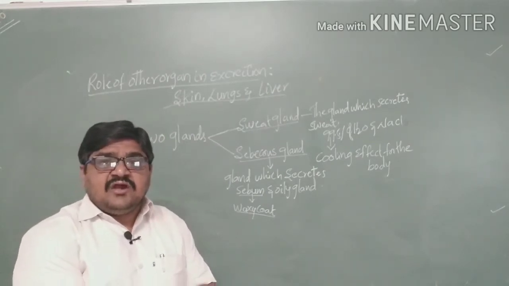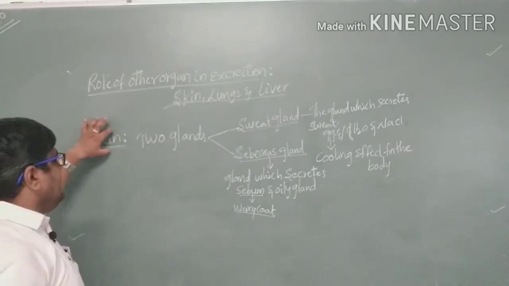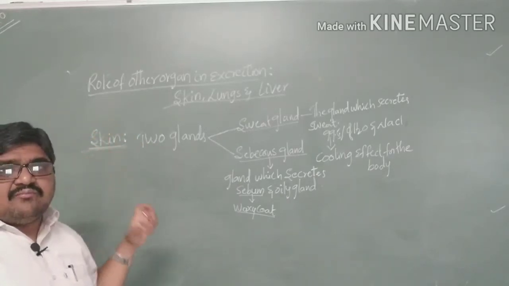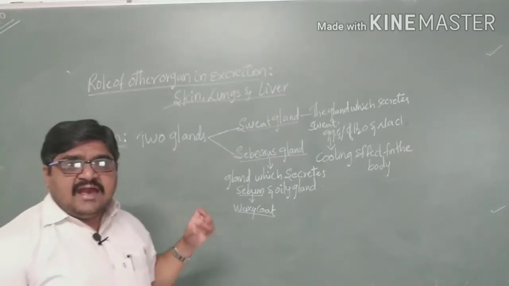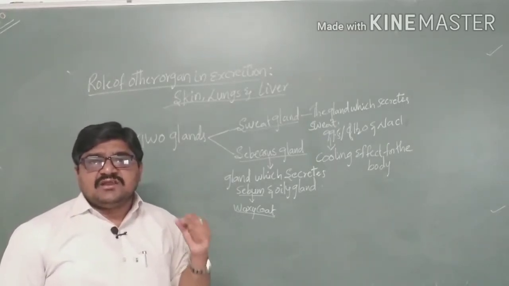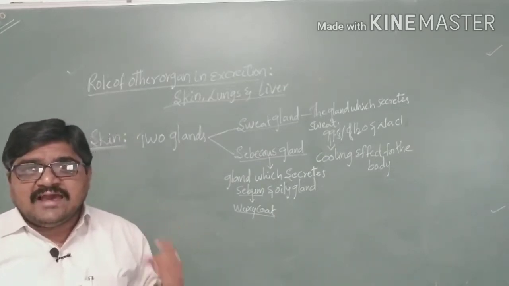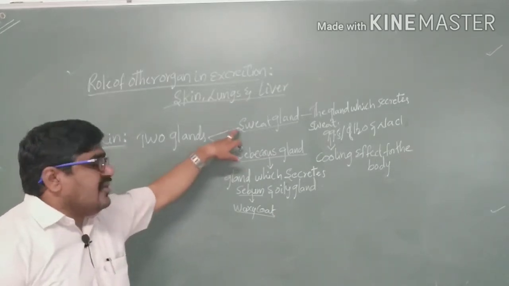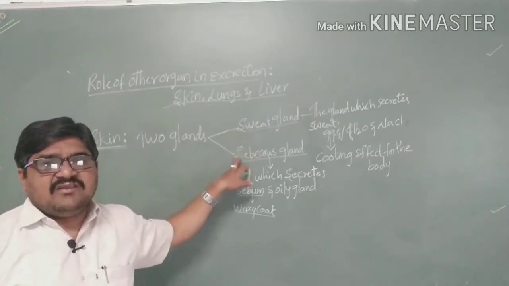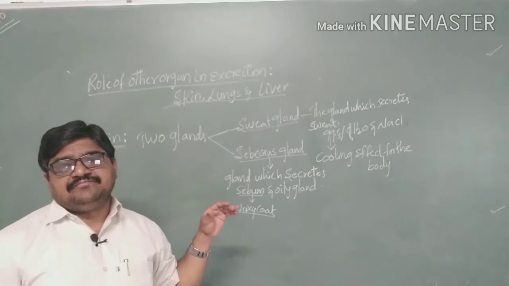So these are the two glands. The skin is the largest sense organ present in our body, and it has two glands: one is called the sweat glands and the second is the sebaceous glands.